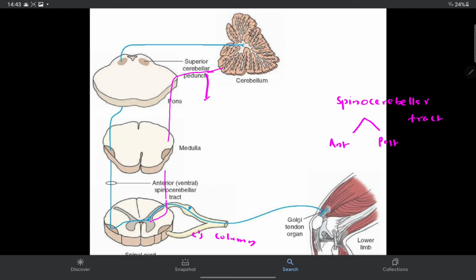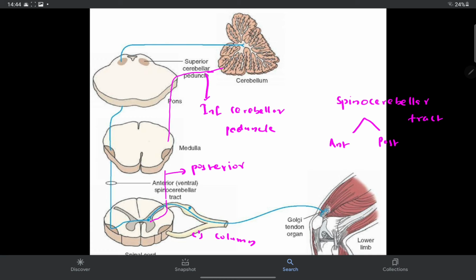This one is the posterior spinocerebellar tract. It ascends posterolaterally and enters the cerebellum through the inferior cerebellar peduncle.